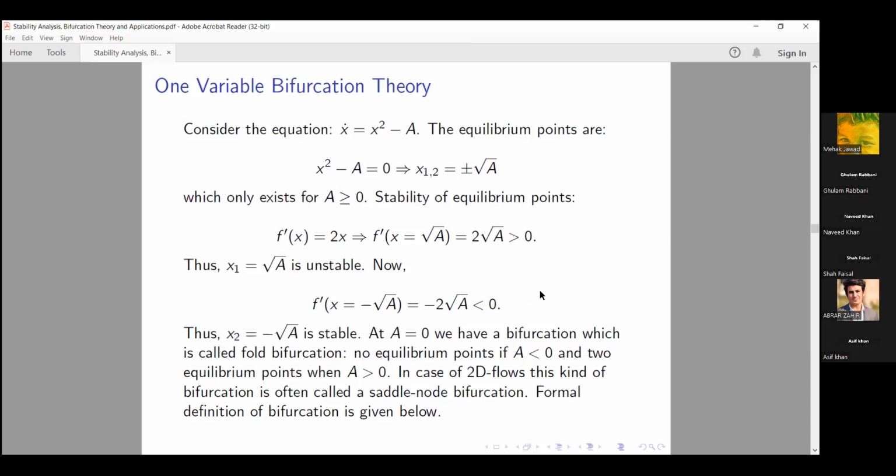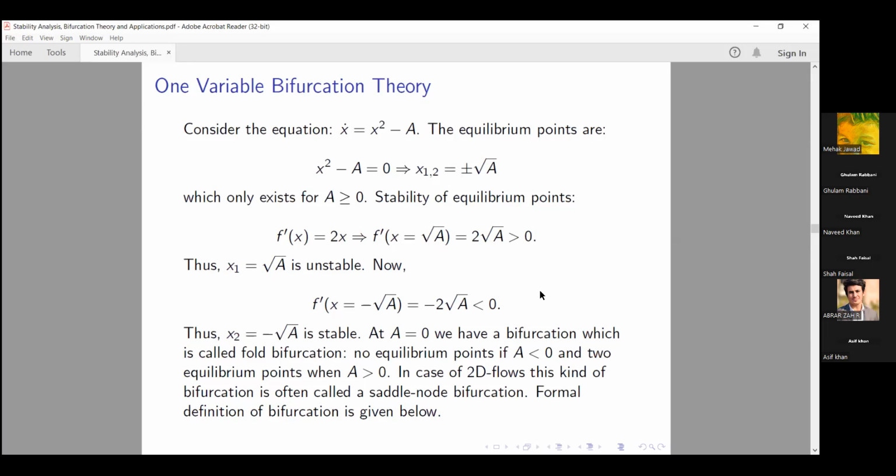And there are 2 equilibrium points when a is greater than 0. In the case of 2D flows, which we will talk about later on, this kind of bifurcation is also known as a saddle node bifurcation. We will see why we are talking about this.